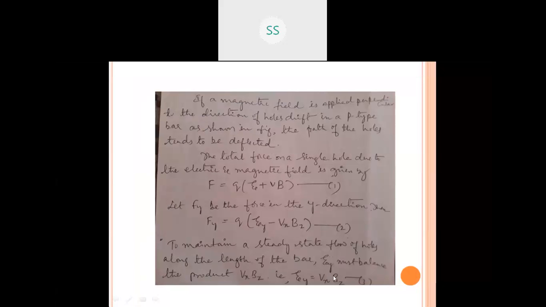So we are just replacing some of the terms in Ey. That's all. From the previous equation, I was here. We were writing Ey is equal to Vx into Bz as our Hall field. But we know from the current density concept that J is equal to q p naught Vx.